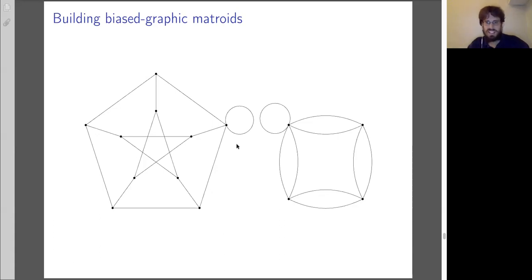Why is that? We have to decide for this loop which class it should go into. So let's say that this is a lift cycle. Now, the condition was that every frame cycle must meet every lift cycle. And they can only meet this cycle in this vertex. So every frame cycle has to go through this vertex.